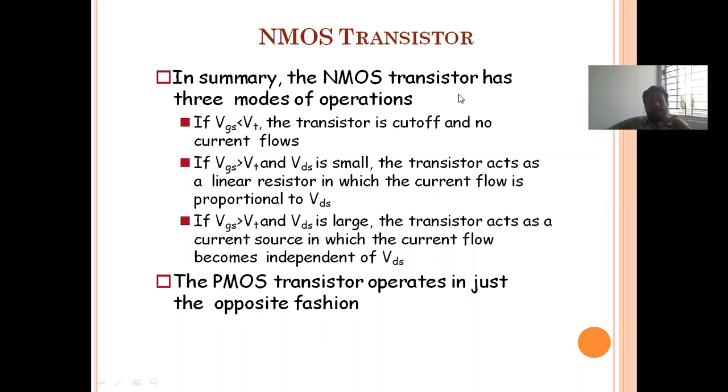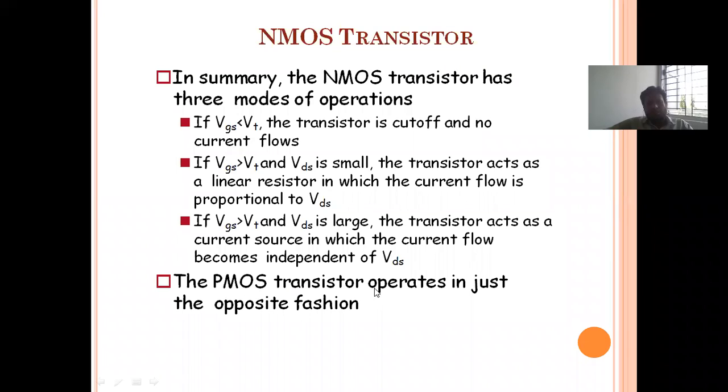In the input and output characteristics of the NMOS transistor, this is the saturation region, where the current is constant. If you increase VDS, but VGS is greater than the threshold voltage VT and VDS is large, your drain current stays constant. That region and mode is called saturation.